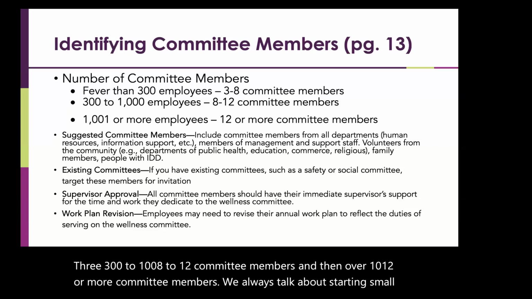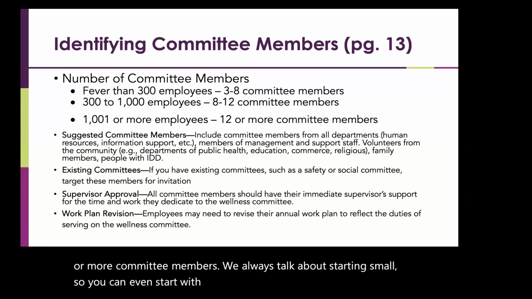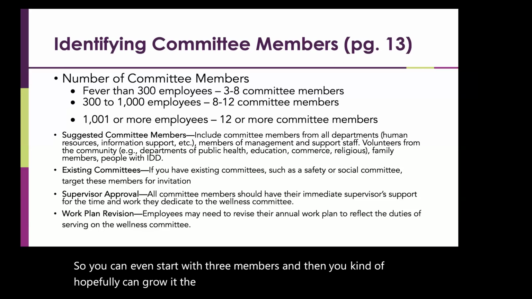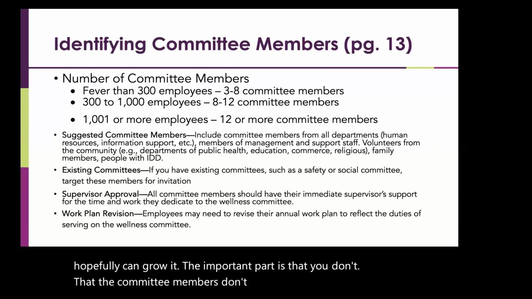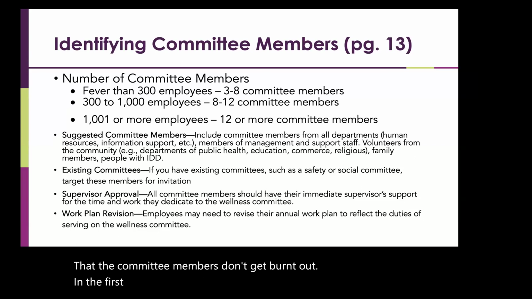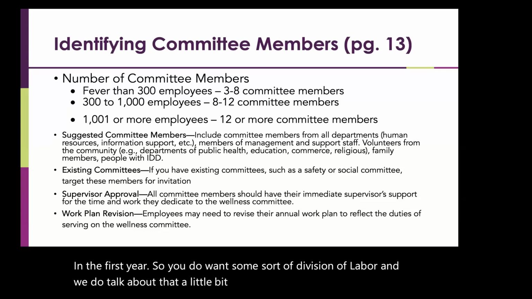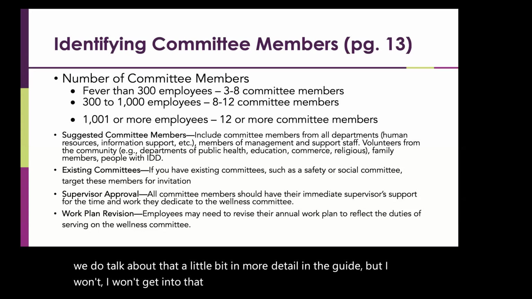So you can even start with 3 members, and then hopefully you can grow it. The important part is that the committee members don't get burnt out in the first year. So you do want some sort of division of labor, and we talk about that in more detail in the guide, but I won't get into that here.